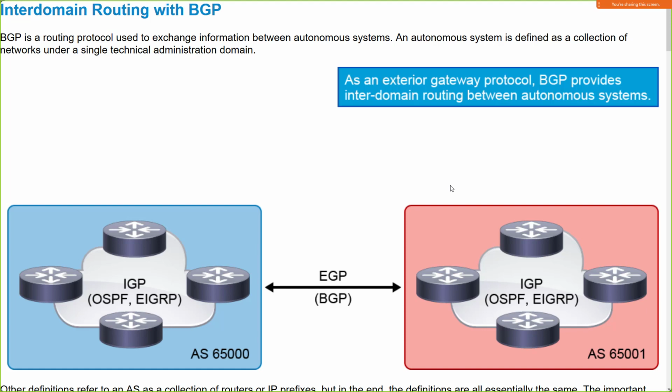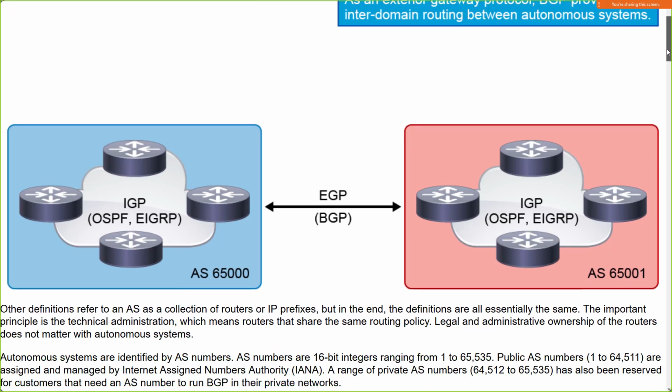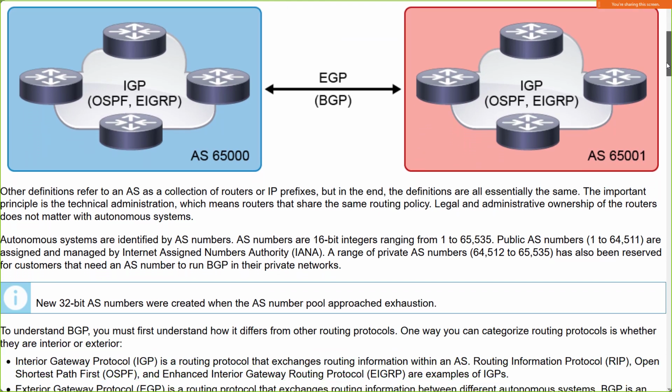And then the exterior gateway protocol that we're running, don't confuse that with the legacy EGP protocol. There used to be a protocol, in fact, it was the very first routing protocol that was ever invented, called the Exterior Gateway Protocol. But in this case, we're just using that term loosely to describe the autonomous system routing, which is BGP, the Border Gateway Protocol.